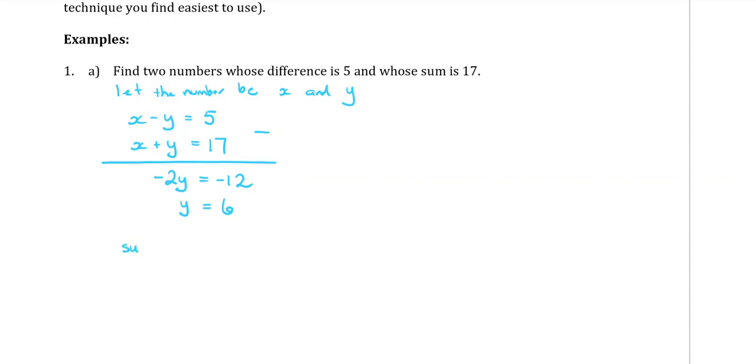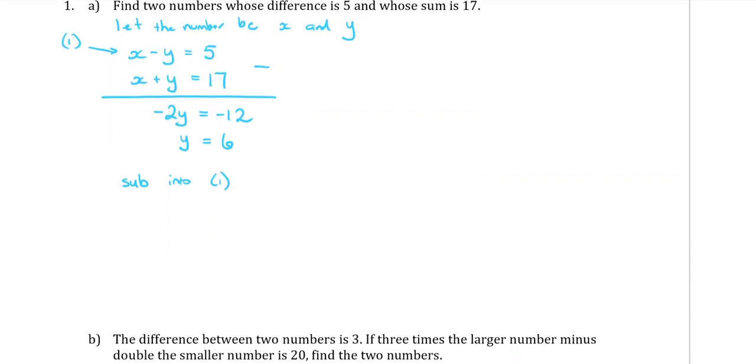Then I'm going to sub back into one of my original equations. Let's call this one equation 1, and I'm going to sub into equation 1. So it will be X minus 6 equals 5. Adding the 6 to the other side, I get X equals 11.